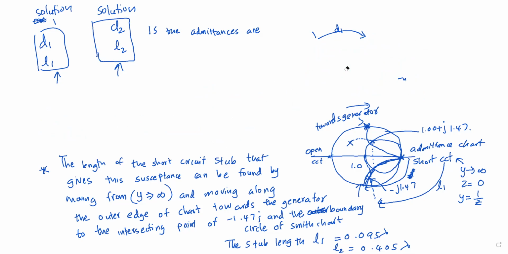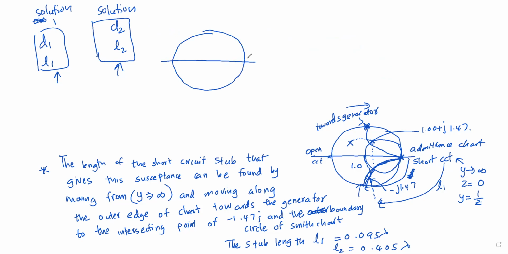So the important thing you need to keep in mind is the location of the short circuits and the open circuits in the admittance and impedance Smith charts.